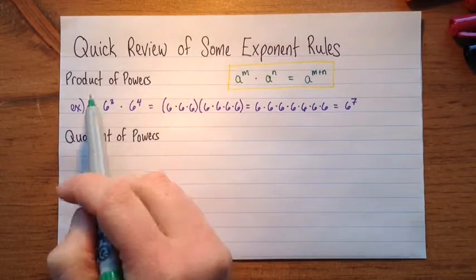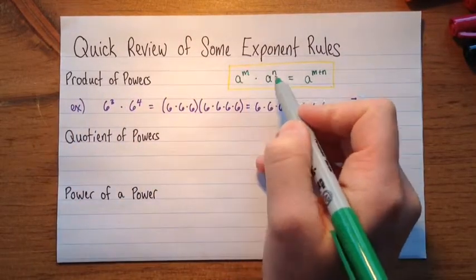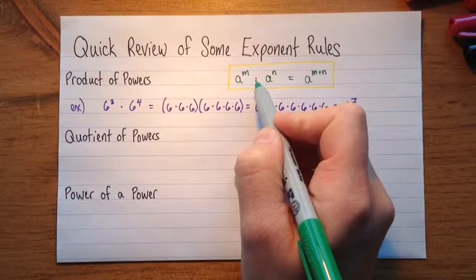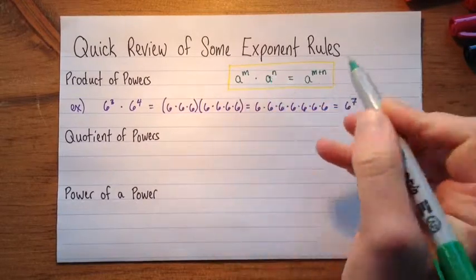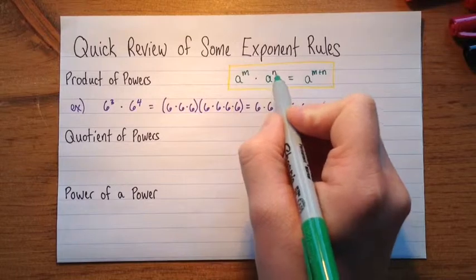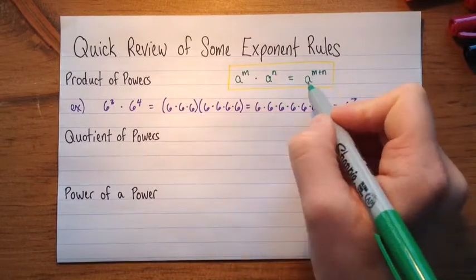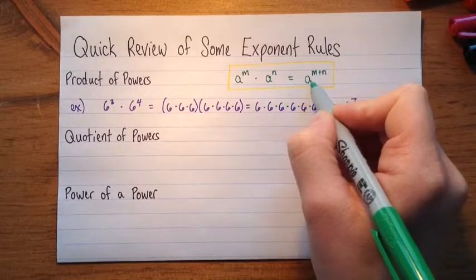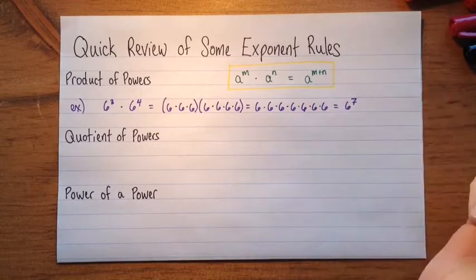So this rule is called a product of powers because we have 2 powers and we're multiplying them. So it's the product of powers. And the rule is if we have 2 powers with the same base, then we can simplify it by using the same base and adding the 2 exponents together.